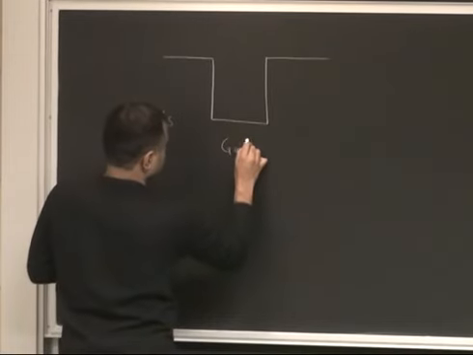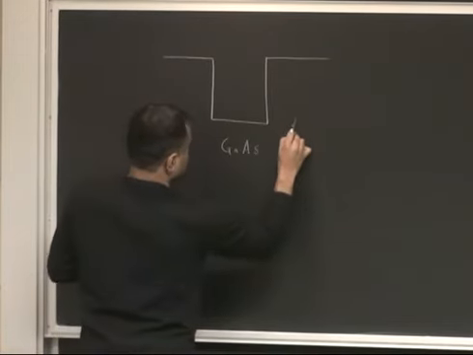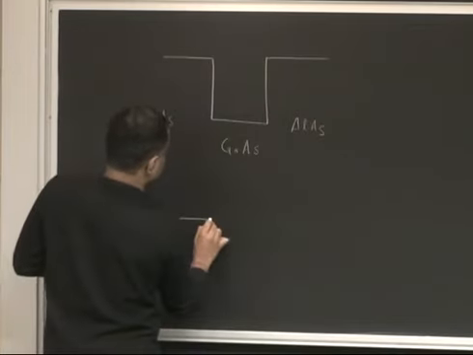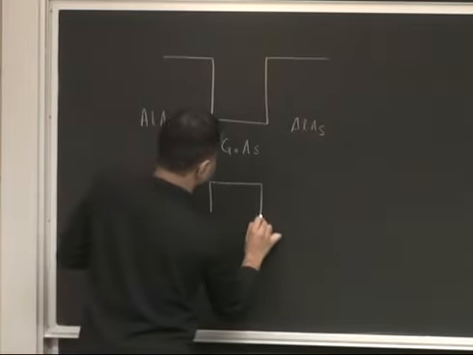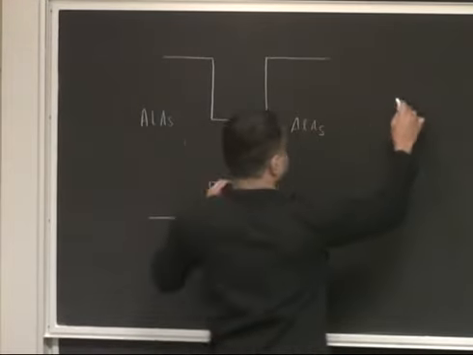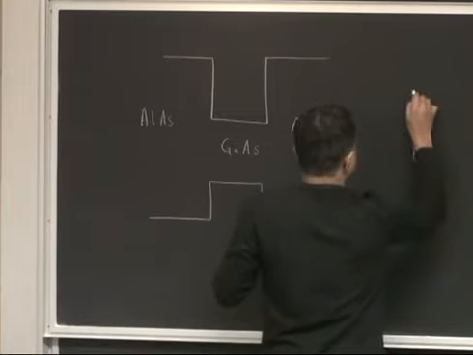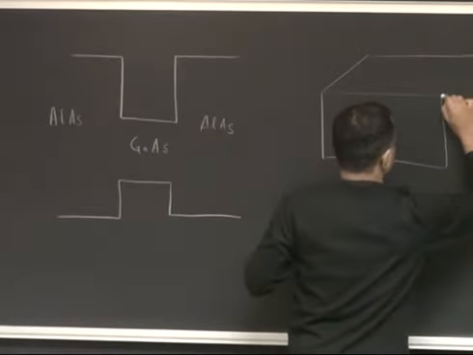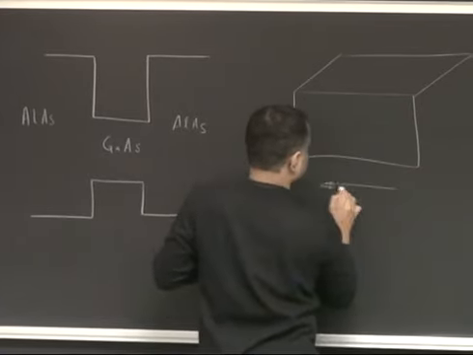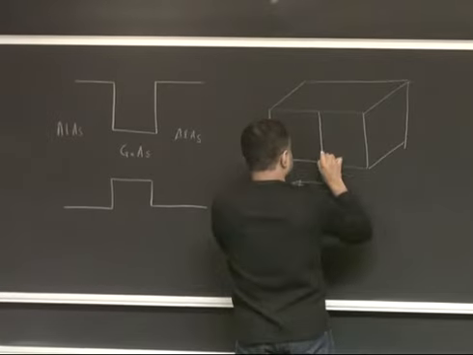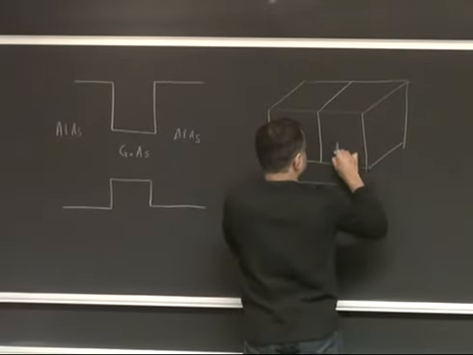Something like that has a larger band gap, a smaller band gap, and a larger band gap again, and it's a layer, meaning in a three-dimensional geometry, the way it would look is, you have grown the crystal, let's say, along this way, and this layer was gallium arsenide, and then this layer was aluminum arsenide.